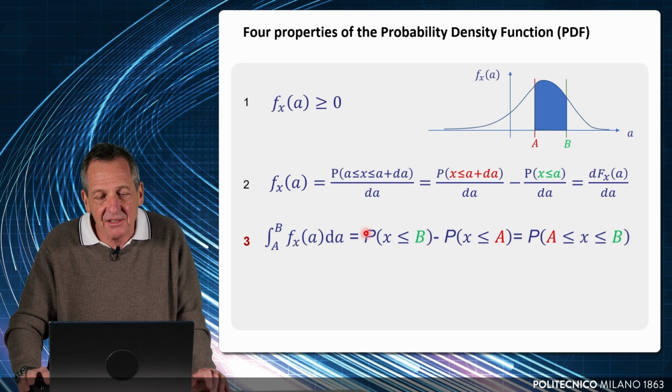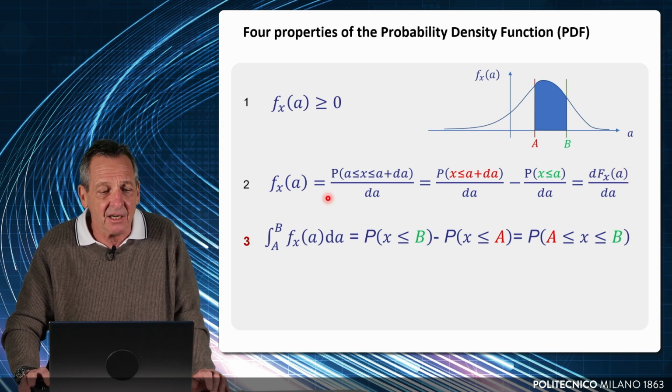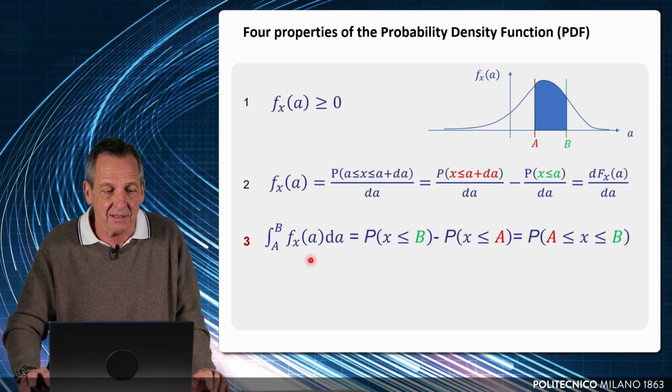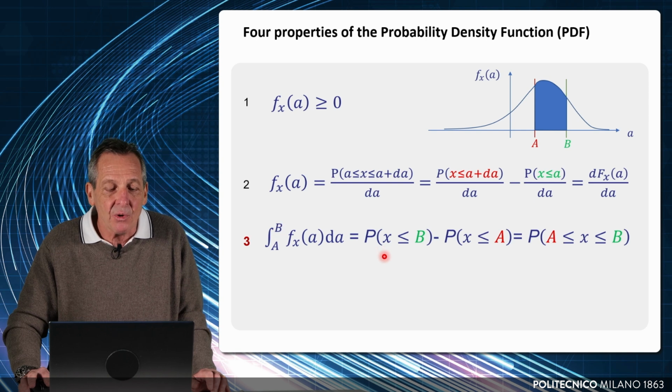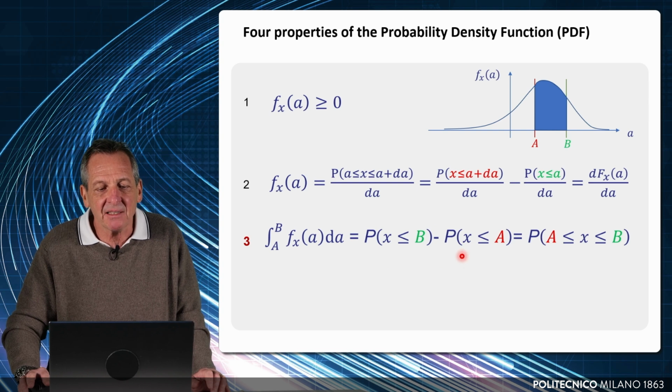The third property is a direct consequence of the second one. Since the probability density is the first derivative of the cumulative, this means the cumulative is the integral of the probability density. And so if we integrate the probability density function between a and b, we get the probability that x is less than b minus the probability that x is less than a.